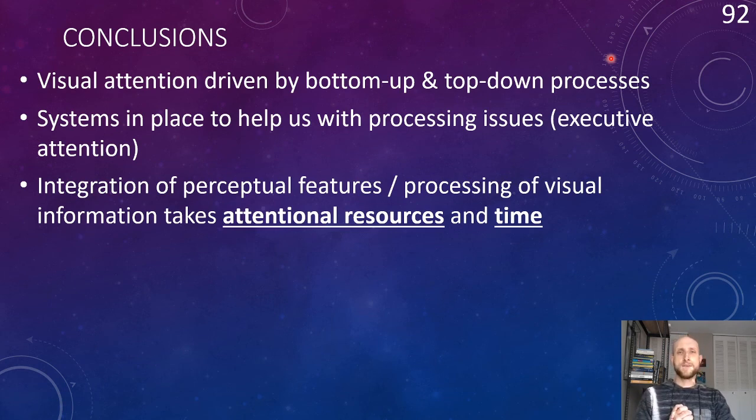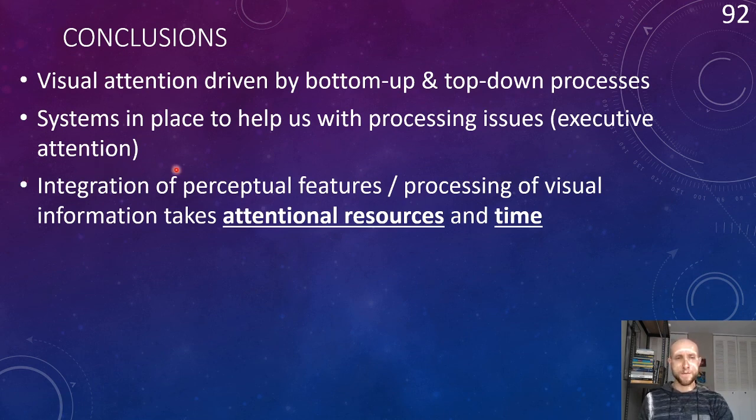We have a similar executive control system that helps us to direct our attentional resources and helps us resolve processing issues, which comes to things like the Stroop task, where we have to make a decision and override automaticity. Our executive attention helps with that.